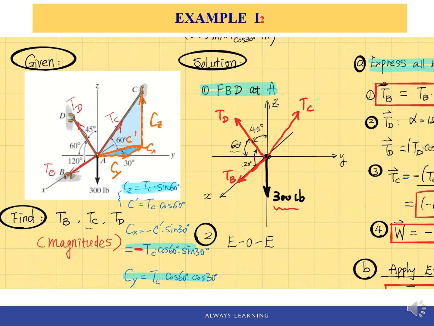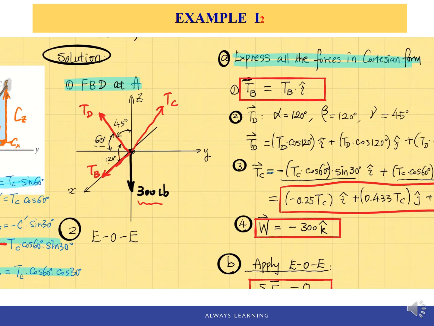Okay, take a look at this solution one more time. So usually to solve equilibrium type of problems, we need to first draw the free body diagram. Second, based on the free body diagram, we're going to write the equations of equilibrium.